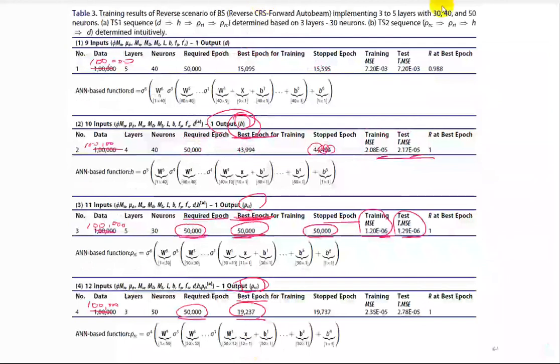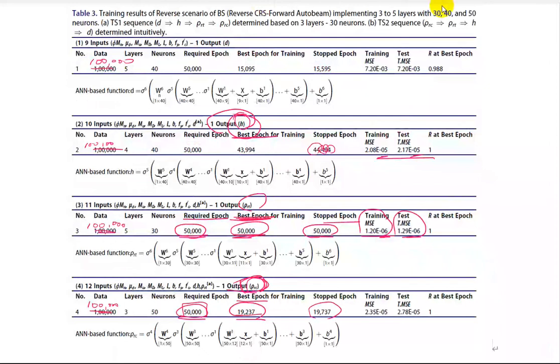However, you reached 19,237 epochs when you were training ROLC. And also you stopped at 19,737, whereas you requested 50,000 epochs to train ROLC.